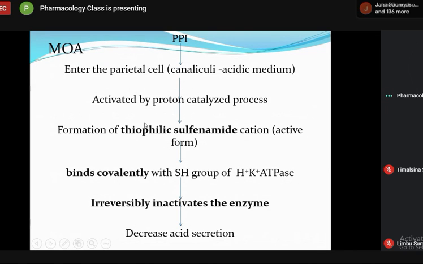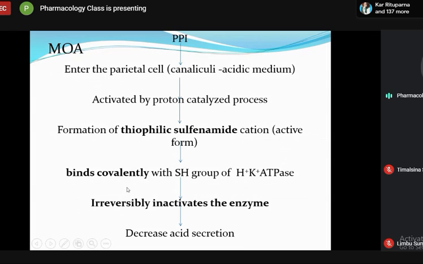The active form of proton pump inhibitors is the thiophilic sulfonamide. This active form binds to the SH group of the hydrogen potassium ATPase with a covalent bond.